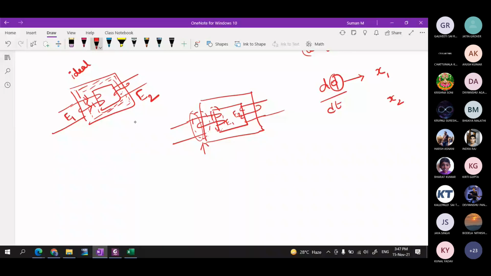Now x1 is for ideal condition and x2 is for non-ideal condition. If x1 is greater than x2, then your EMF induced will be greater for x1 and lesser for x2, right? So here you are having more number of fluxes.